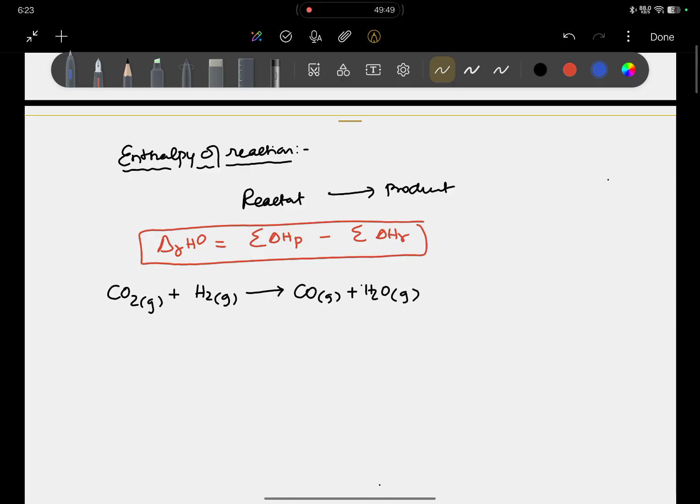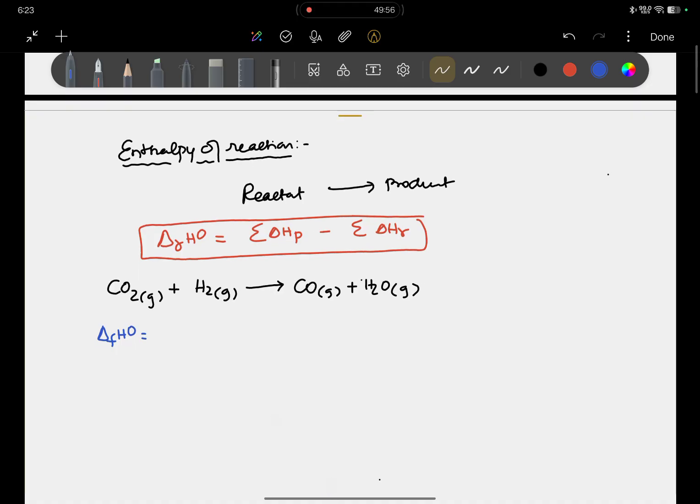They have given the enthalpies of formation. Write down delta f H naught. The values of CO2, CO, H2O are given.